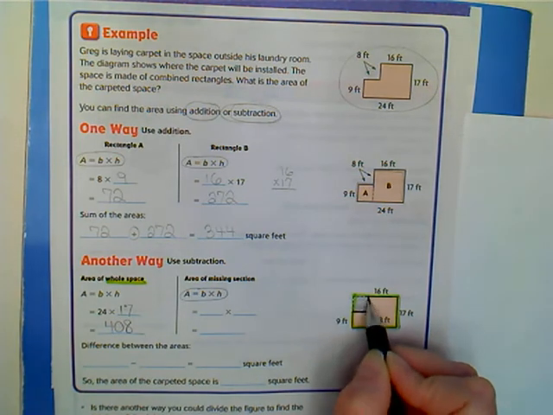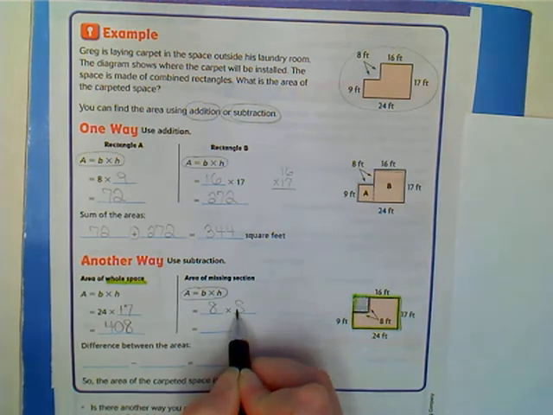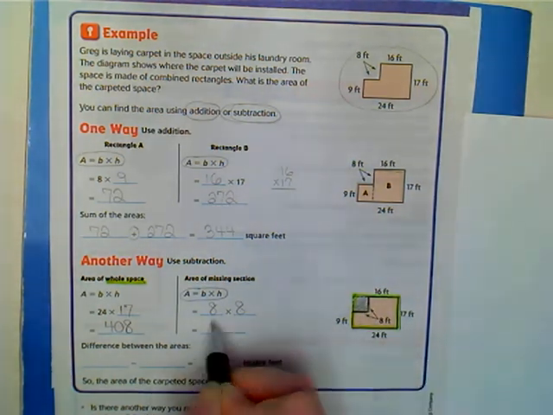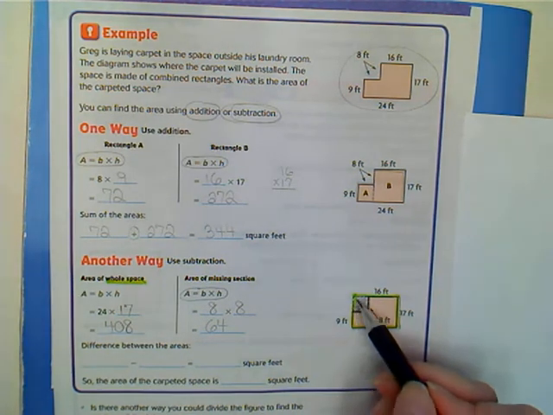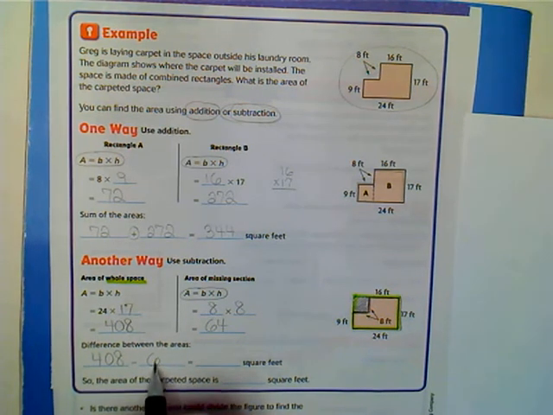So we can figure out what that would be with our formula, 8 times 8. So this missing section is 64 square feet. Greg doesn't need to put carpet there, so we're going to subtract that from the entire larger space.